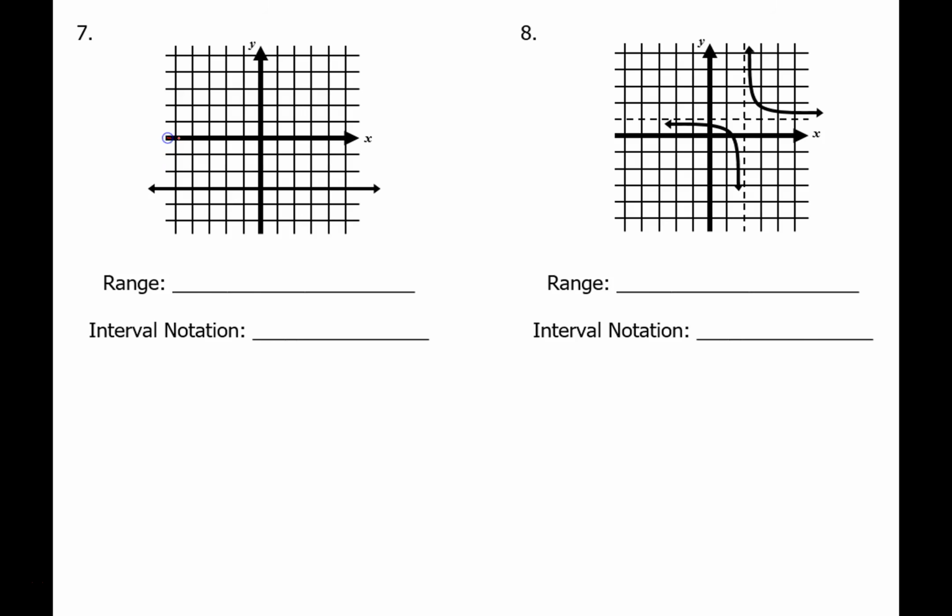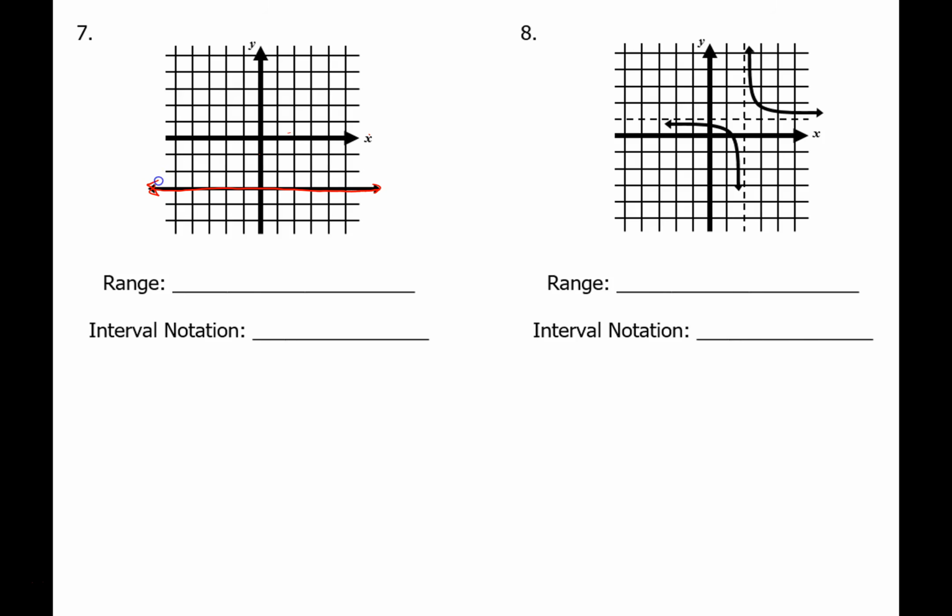We've got that horizontal line again. For this one, if we're looking at the range, the y values for this entire function are always going to be at this 1, 2, 3 on the y-axis. So that means that the range is always, oops, I'm sorry. Oh goodness, I'm making a mess. The graph is actually down here.